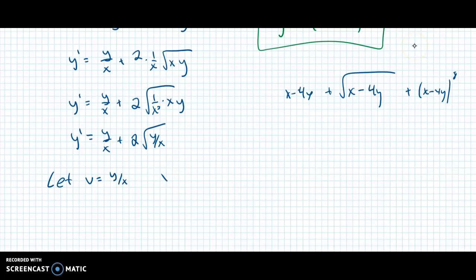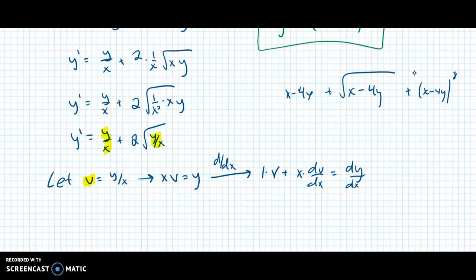Now I multiply, that gives me x times v equals y, and then I'm going to differentiate with respect to x. That gives me 1 times v plus x times dv dx is equal to dy dx. So now I'm going to sub some stuff in. This will become a v.